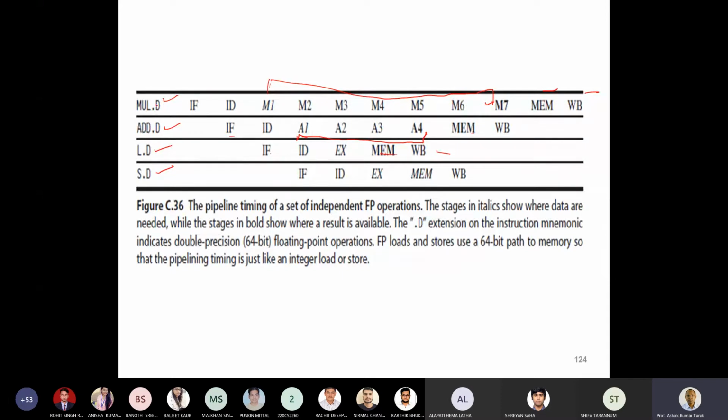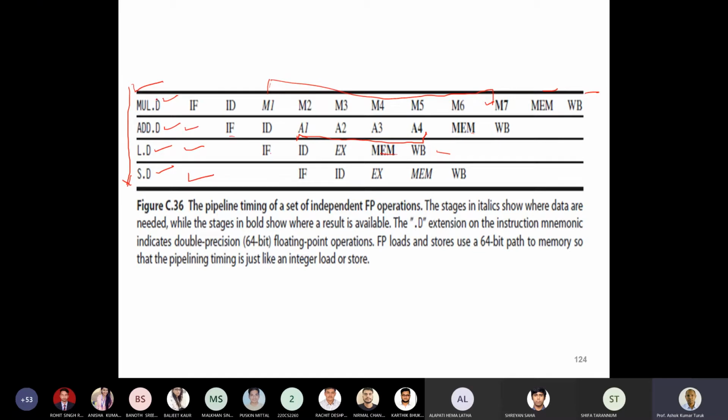Now let's look at the problem here. If I execute these instructions sequentially, the multiply instruction should complete first, after that the add instruction, after that the load instruction, and after that the store instruction.